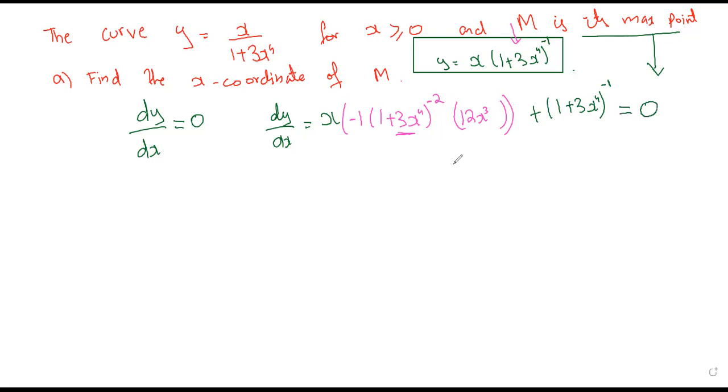Okay, now let's simplify this complicated thing. So far we have done the challenging part, so we need to be very, very careful while simplifying this. So this is what will give us the final equation.